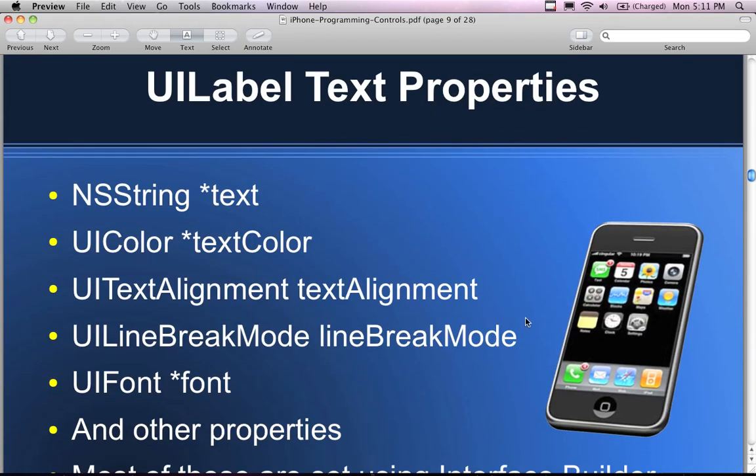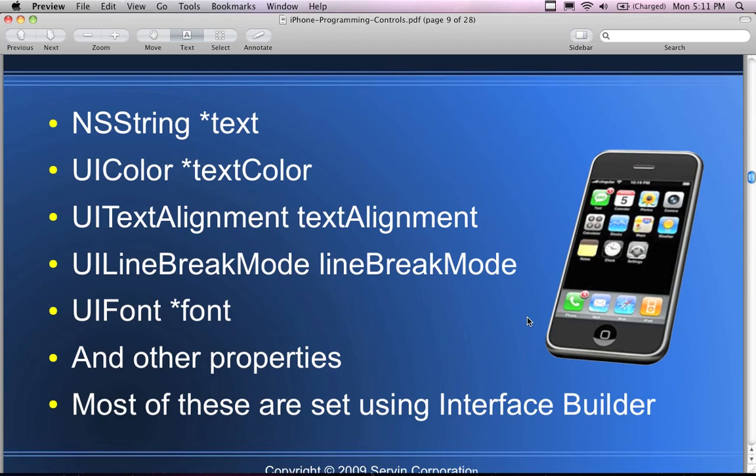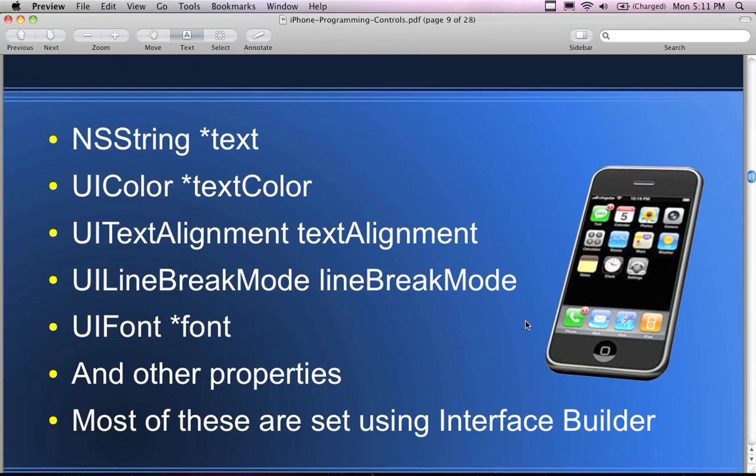So the UI label has text properties that are associated with it, and it's really kind of the basis of all of the other controls. So if I don't hit a particular control, you can know that the properties are going to be labeled in a very similar kind of format. For example, the NS string, which is going to be the text, is the data type, which is part of Objective-C essentially in terms of the language.